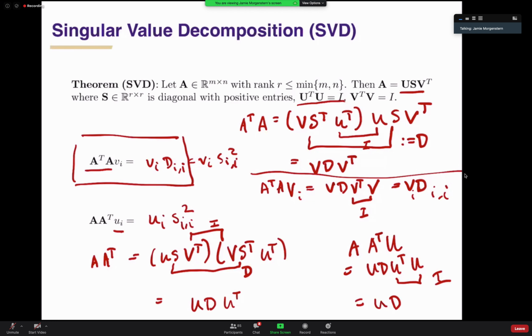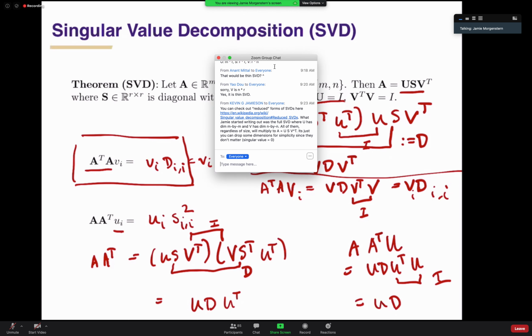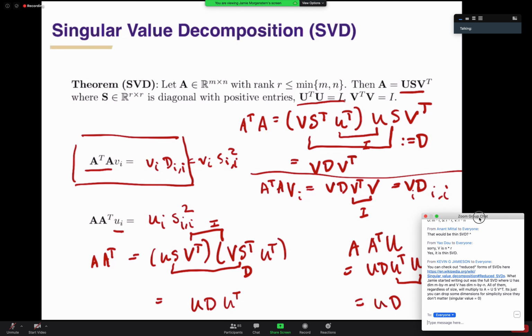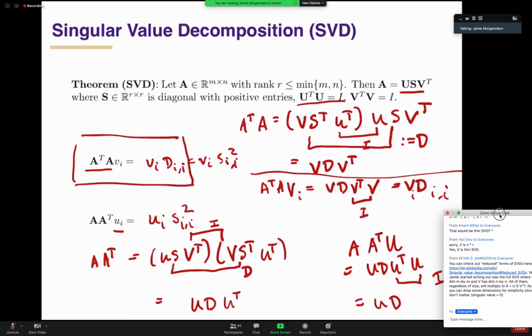They have all of the eigenvectors for both A transpose A and A A transpose, and the eigenvalues correspond to the squares of the diagonals in that third matrix. Do people have questions about this? I understand that if you haven't seen the SVD before, it's definitely not totally obvious that this would be true.